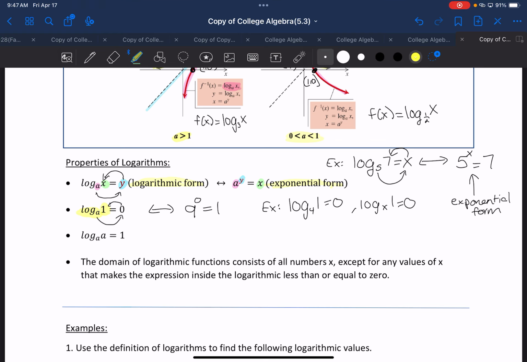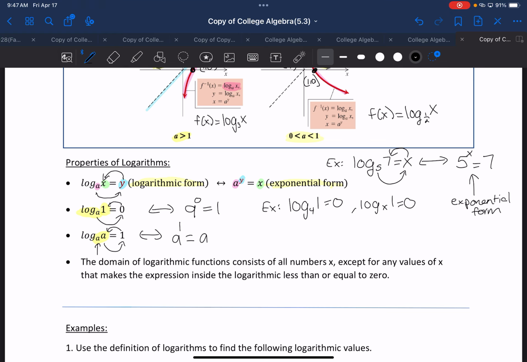And then the next property is whenever the base and the expression inside the log function match, like a and a here, then this will just be equal to 1, because a, my base in this case, to the 1 exponent is just itself.